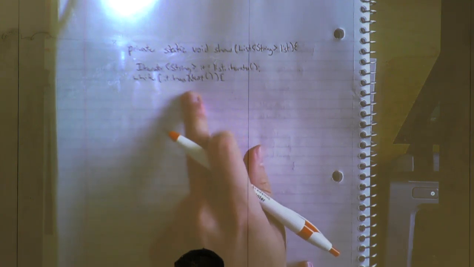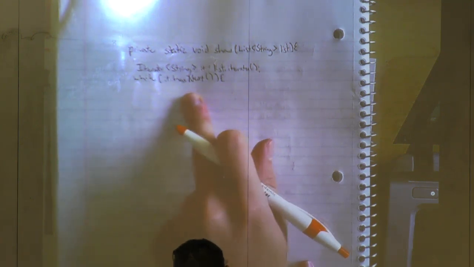And then here you can see it.hasNext, which is just like when you're working with a scanner and the scanner's iterator.